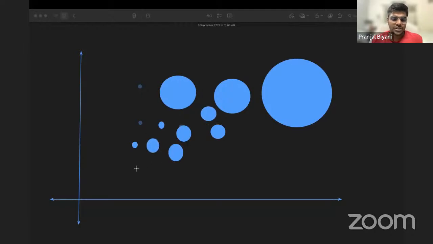I'll tell you what this means. With a smaller value of x and a smaller value of y, I am also getting a smaller value of this third dimension.